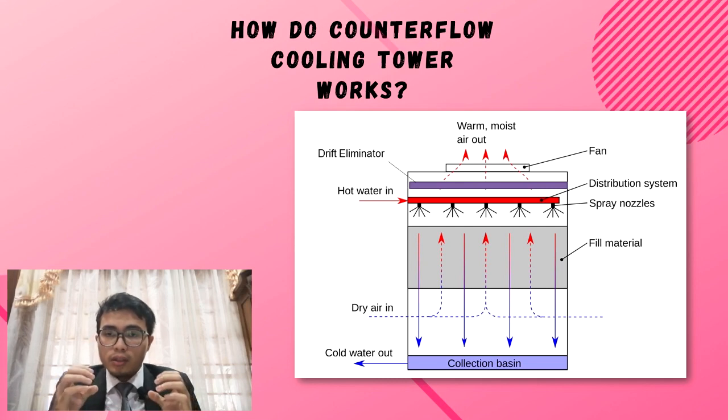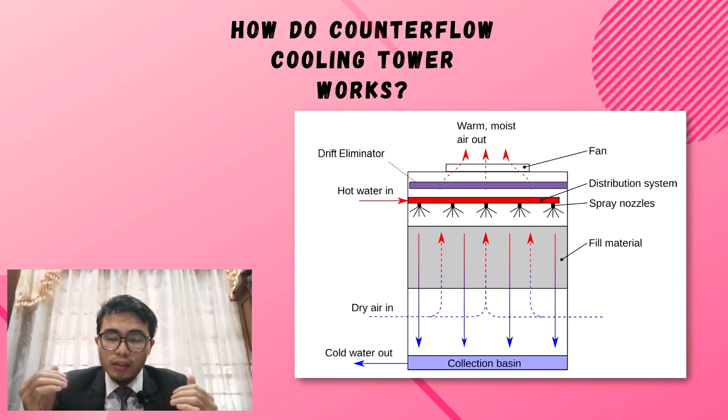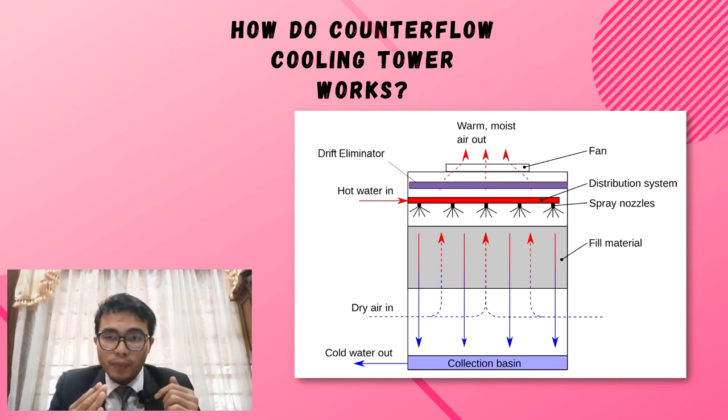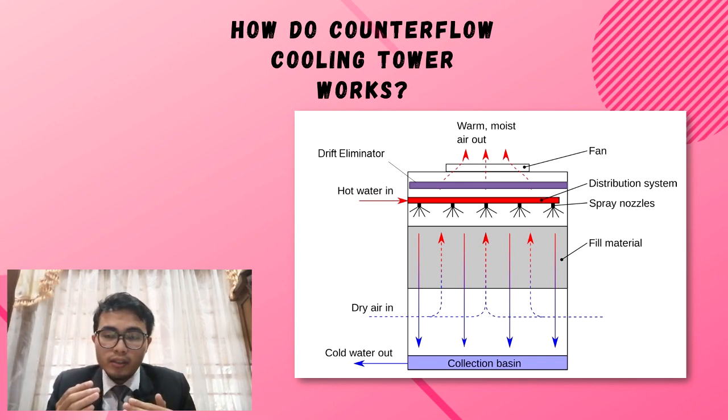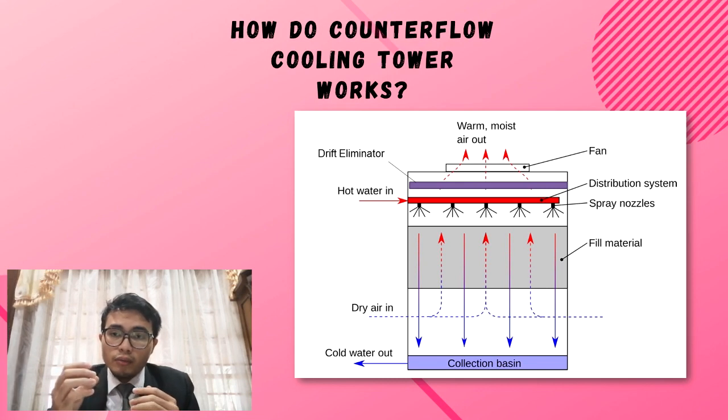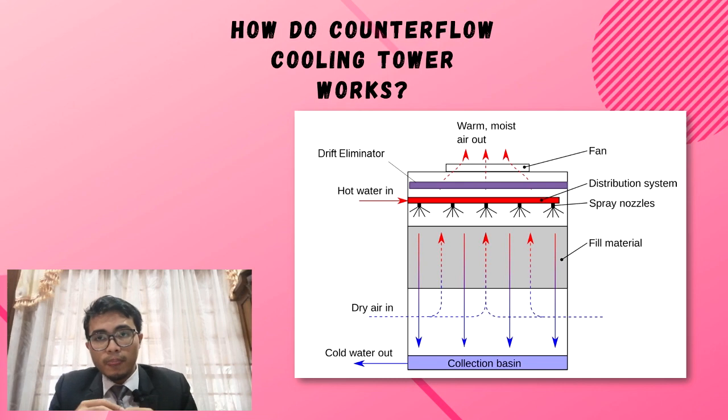So the louver, which is located at the bottom of the cooling tower, allows the free entry of the outer high pressure air into the cooling tower, making sure that the air entering and moving out of the cooling tower is as smooth as possible.